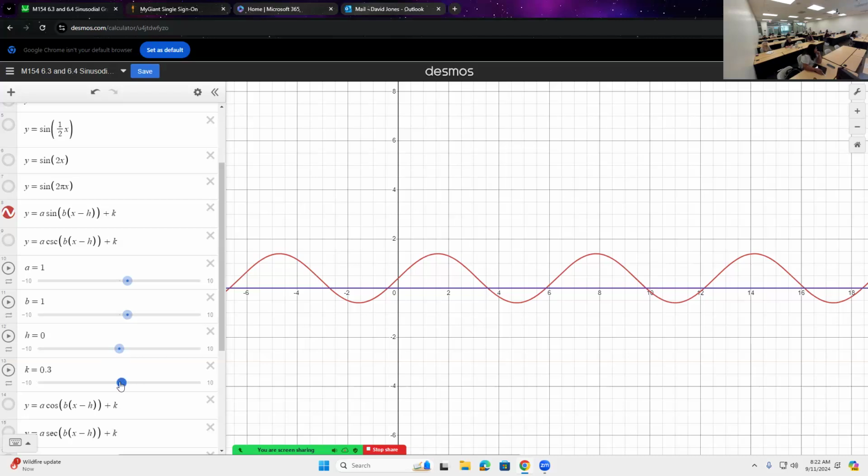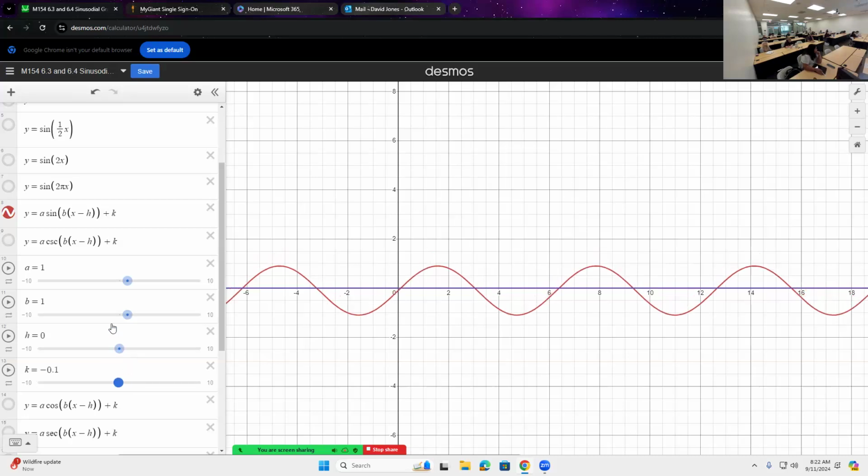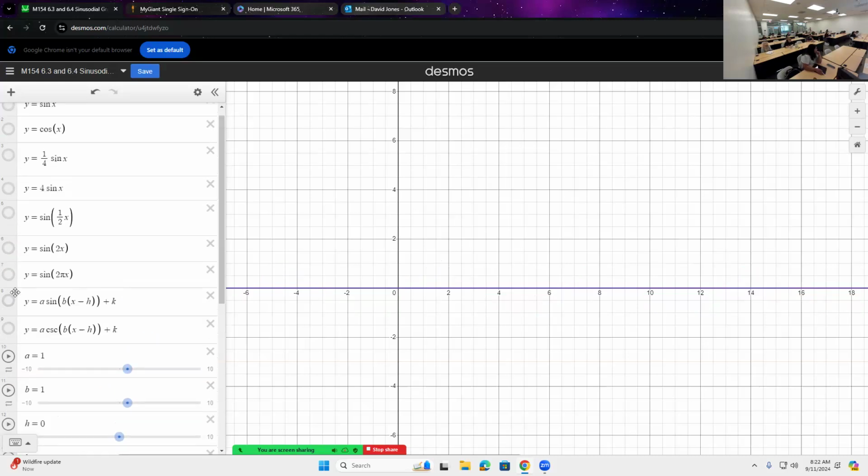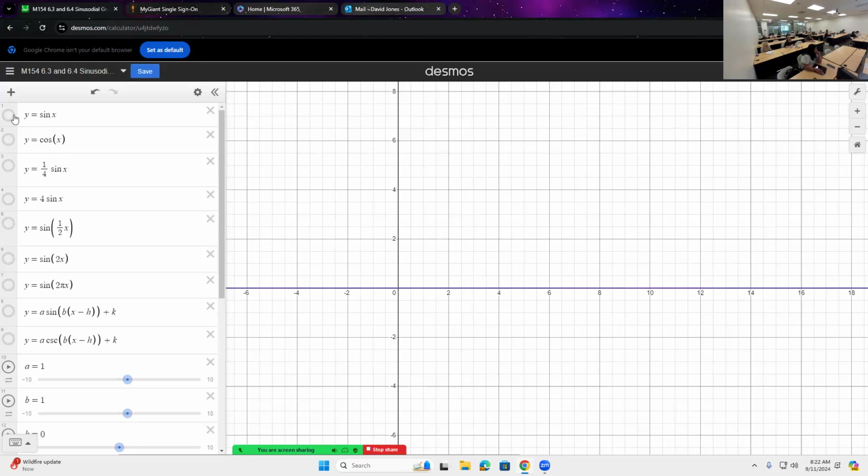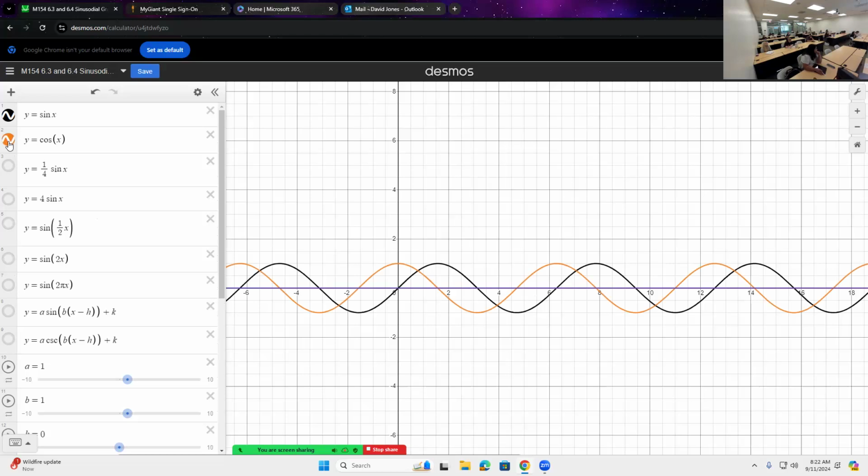Let's go back to 0, 0 there. I'm gonna turn that one off. We can leave that one off or on. That's sine. Let's take a look at what cosine looks like. Cosine is the one in orange. Looks like the same graph, doesn't it? It is. It's effectively the exact same graph. It's just shifted over exactly pi over 2.